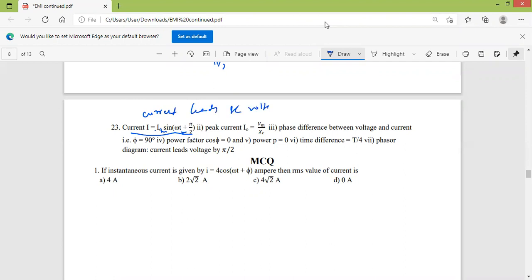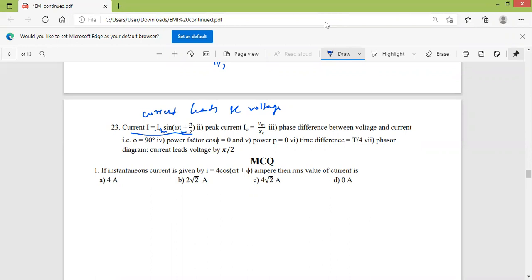Here current leads the voltage, and voltage lags behind the current. When the current is maximum, voltage is minimum. When the current becomes minimum, voltage becomes maximum. It always leads the voltage. Phase difference between voltage and current is pi by 2 or 90 degrees. Here also power factor is 0 and power loss is 0.